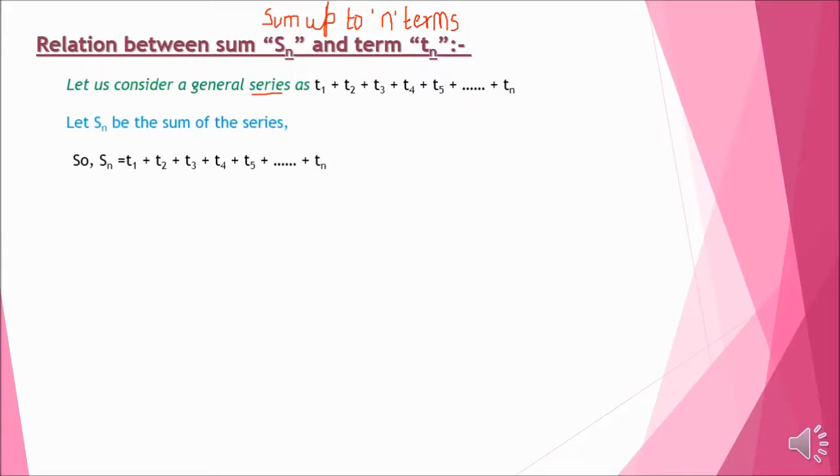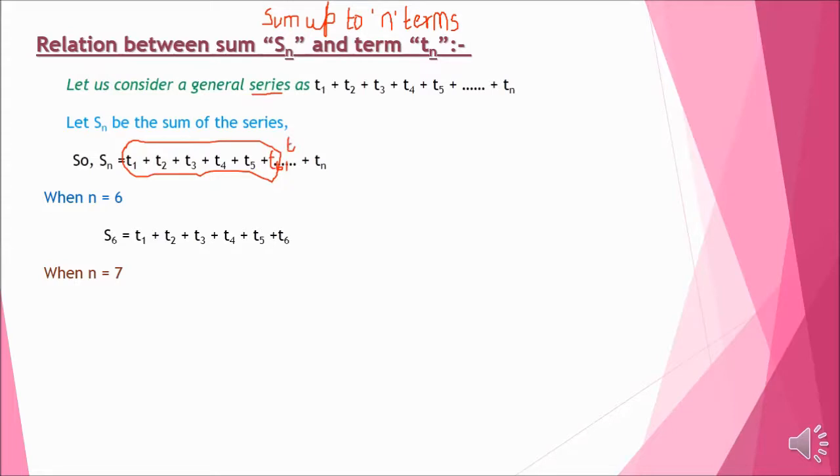When n is equal to 6, S6 is the sum of the first 6 terms, including the 6th term. And when n is equal to 7, there is another term, T7, which is needed.